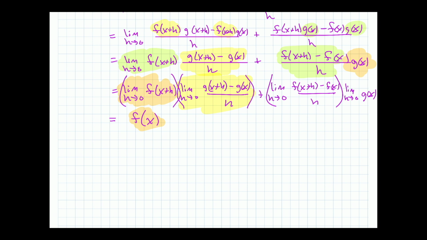That should look like g prime of x. So it's g prime of x. Then you've got a plus. Then we've got a limit here. What is that? You should recognize that as being f prime.